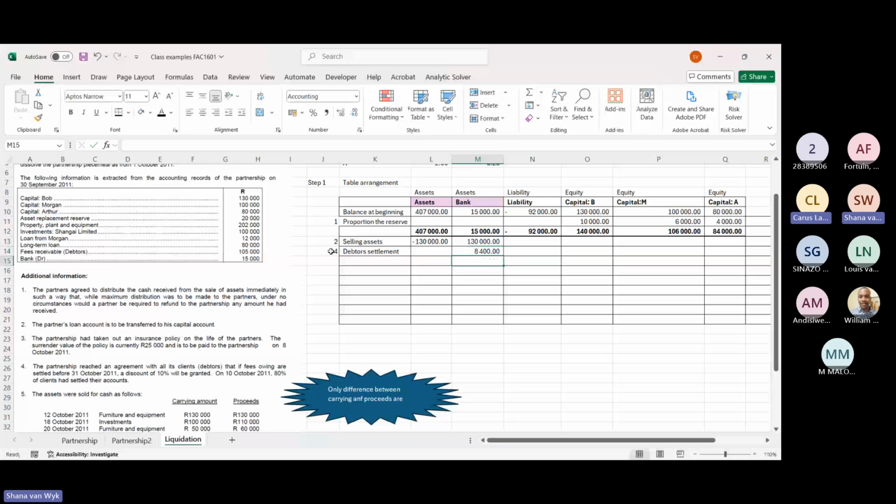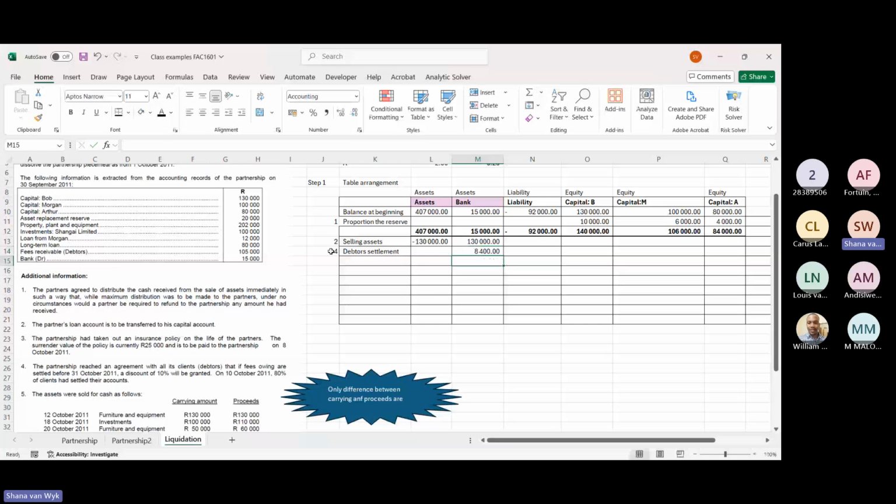Sorry, quickly, Andy, what were you saying? I think we should first multiply the 105,000 with 80%, because that is the amount of debtors that have paid, and then subtract the 10% discount from the 84,000.